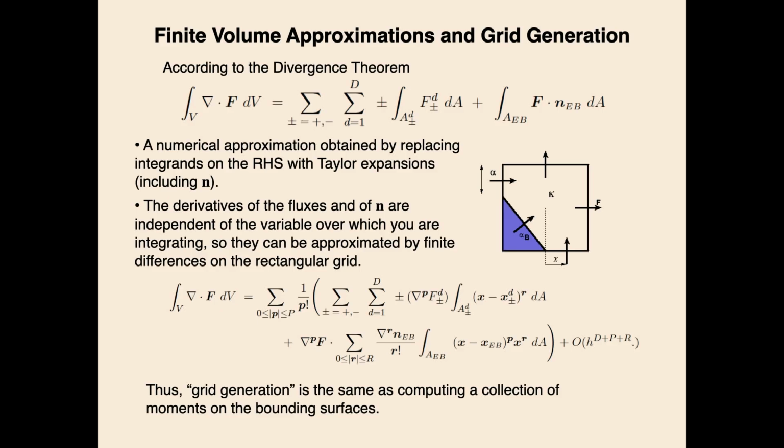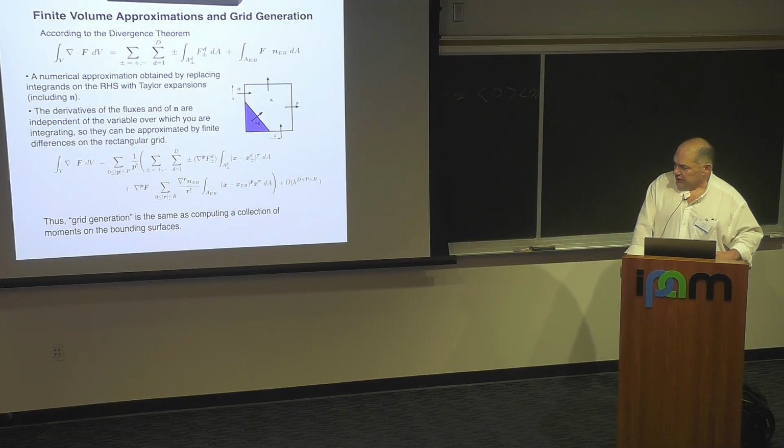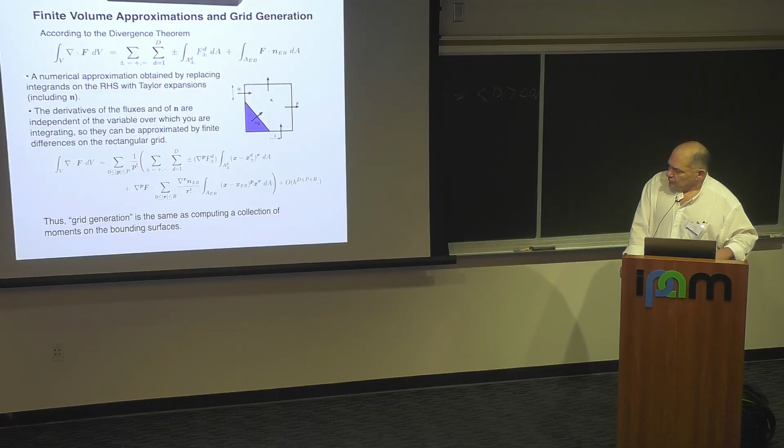According to the divergence theorem, again, I write down the integral of divergence is equal to the integral of the fluxes over the exposed coordinate faces plus the integral of flux dotted with the normal over the boundary. So to get a numerical representation, you replace these terms with Taylor expansions. That's what you do when you're living in a structured grid finite difference world.